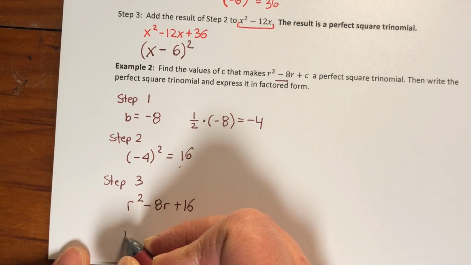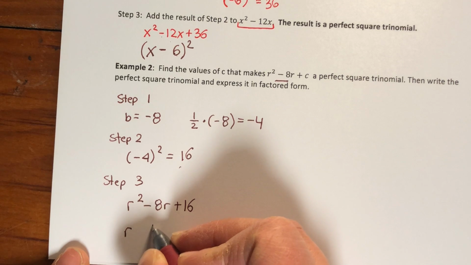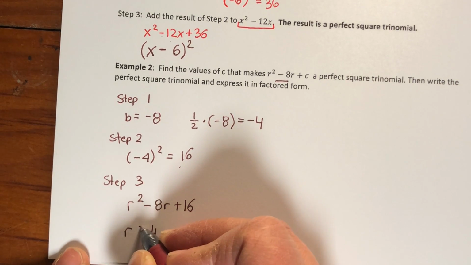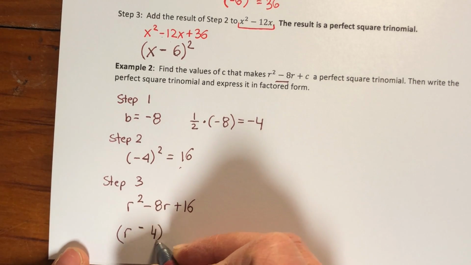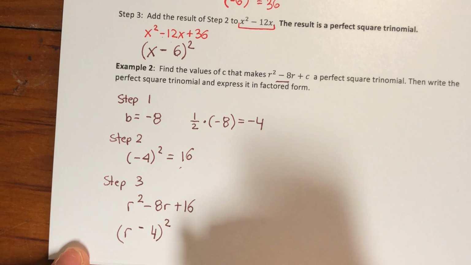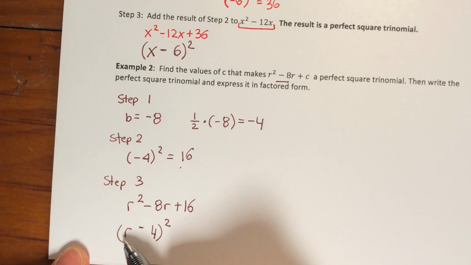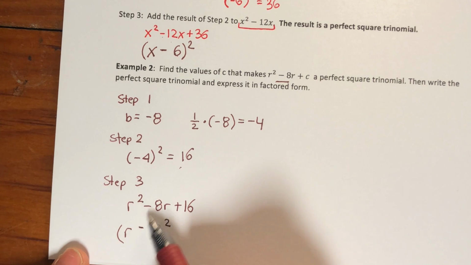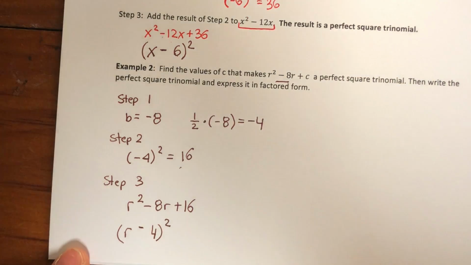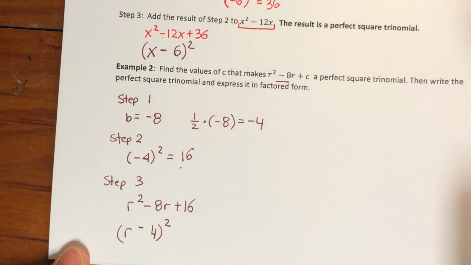Square root of r squared is r, square root of 16 is 4, the sign in between is negative, make sure you put it in parentheses, make sure you square it, and also make sure you check your answer. If I multiply 4 times r, that's 4r, times 2, that is going to give me 8r, and that is what I needed to have.